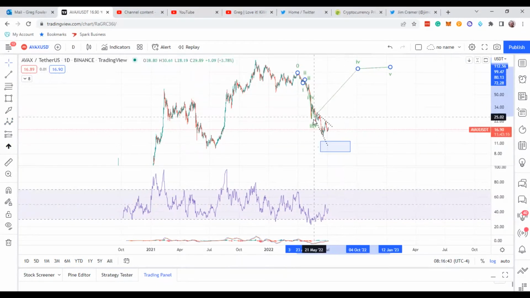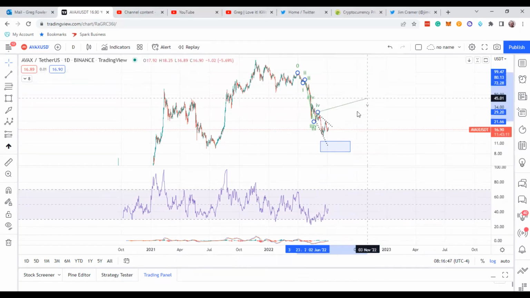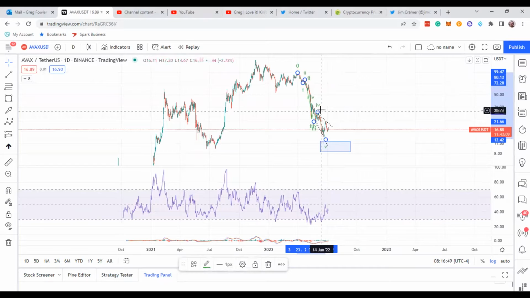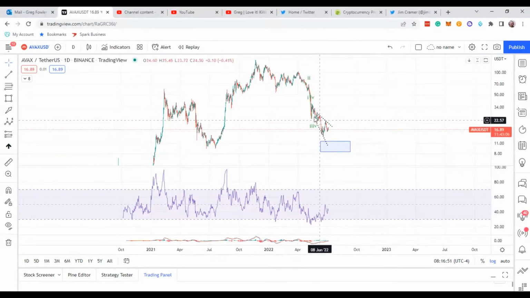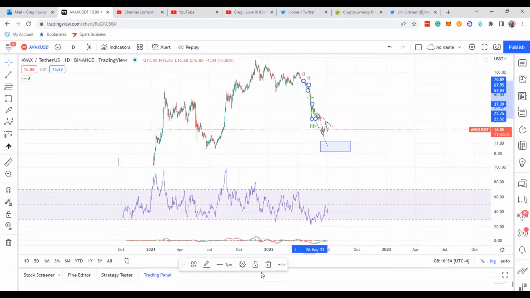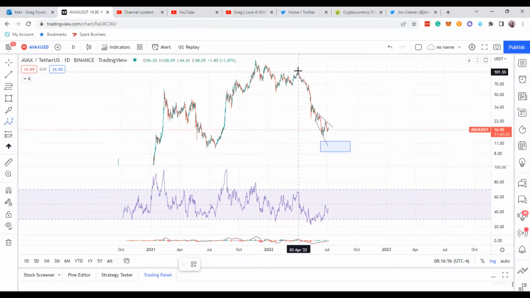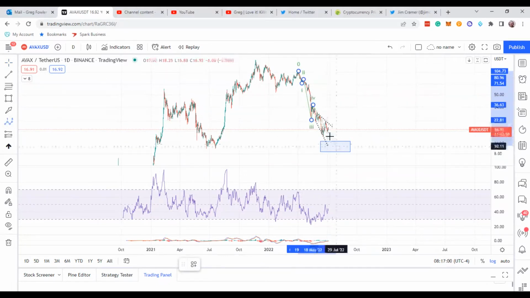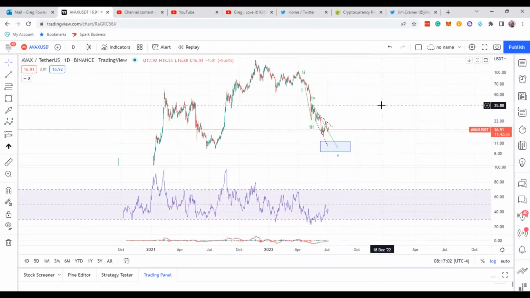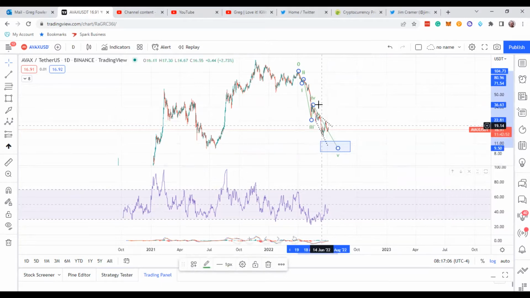And then down here, it might not be doing a diagonal, it just might be completing a sequence or something like that. I think it's doing a diagonal, and this is going to be the sequence. 1, 2, here's your 3, 4, and it's doing an ending diagonal for a fifth wave, which is good for Avalanche, because if it is doing that, that means it's completing this fifth wave right here.